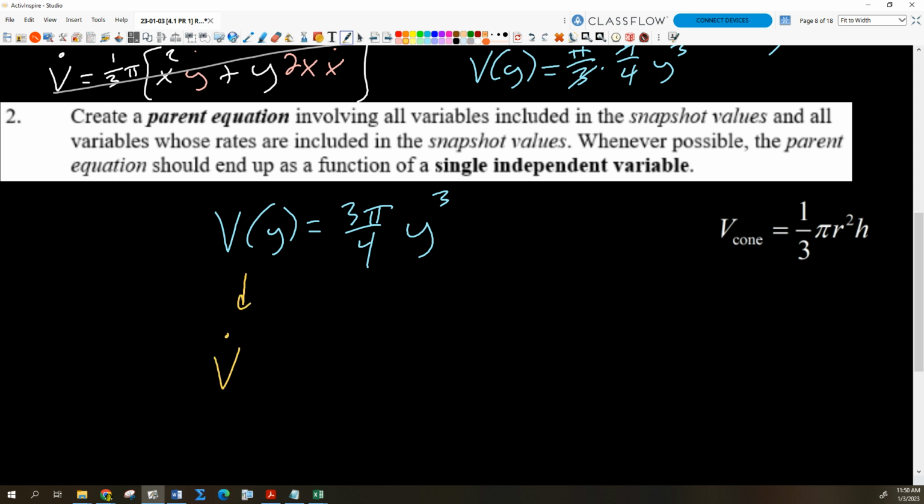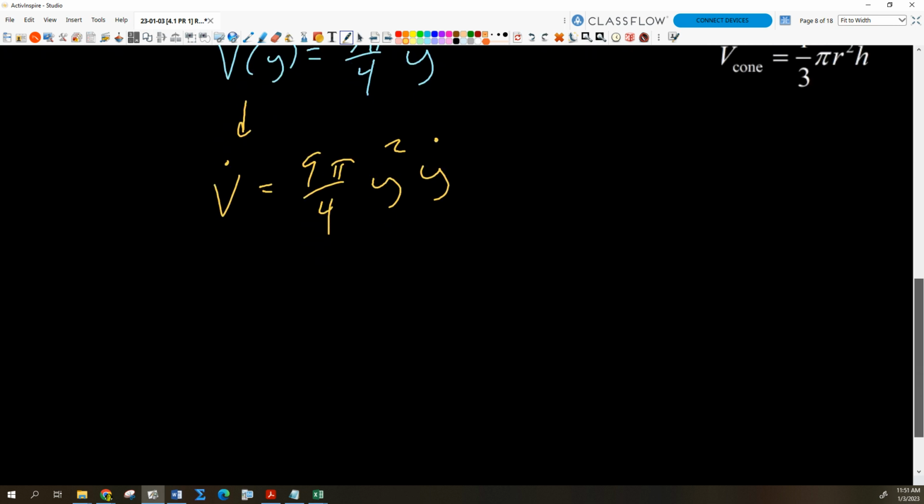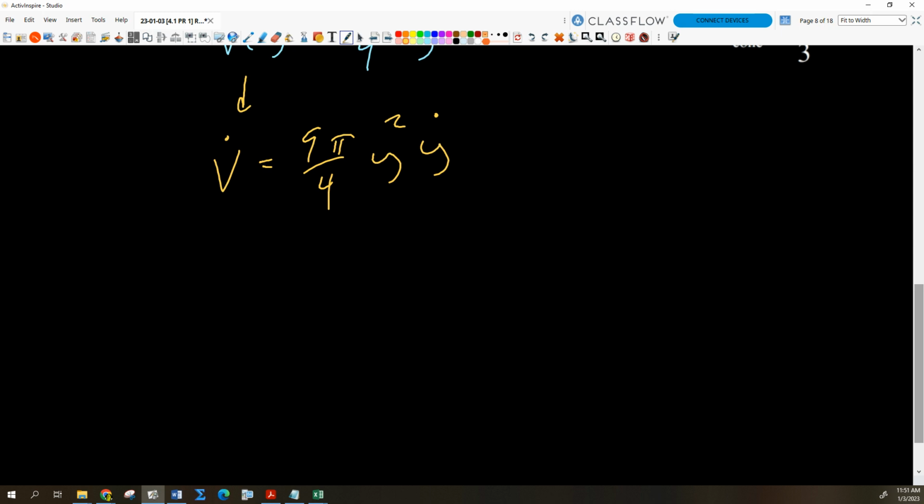We just get V dot equals 3 times 3/4 pi, which is 9/4 pi y squared y dot. Okay, that's all good. That's all stuff I know, isn't it? So now when I solve for y dot, what am I going to get?